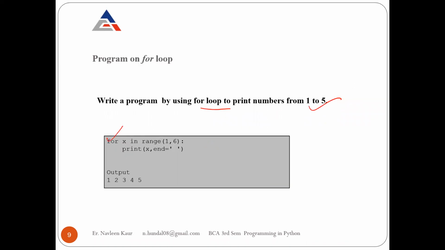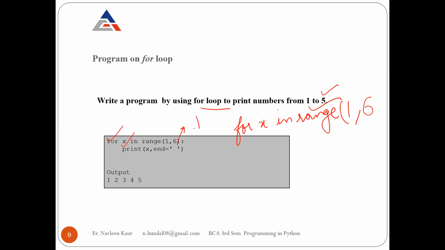In place of i I have written x, that's your choice. For x in range. What is the range? You start from 1, and if you want to print till 5, you have to go 1 more than that, 6. And after that, you can see here the third parameter is missing.